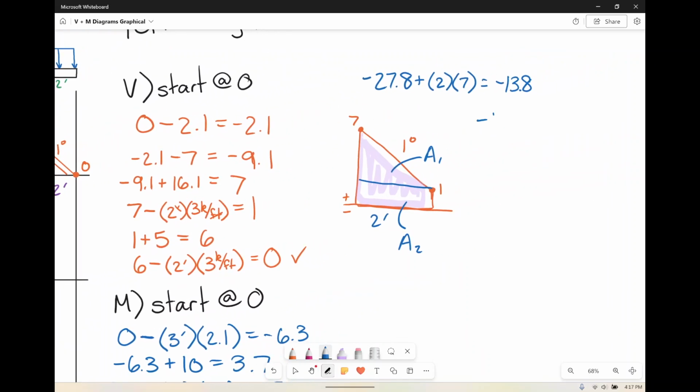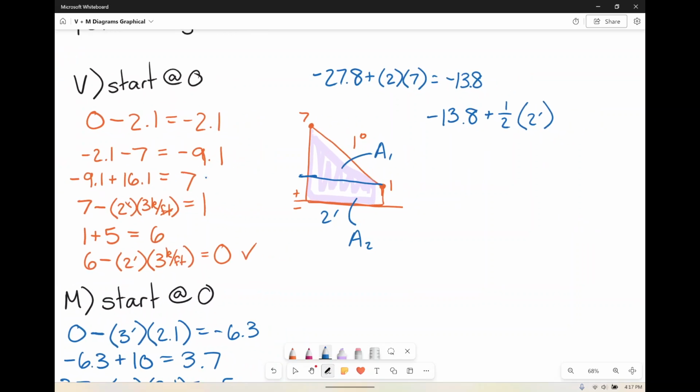So we're at minus 13.8. This is all positive, so I'm going to start area 1. It's 1/2 the base of 2 feet. The total height, this is 1, so the total height of this triangle is 7 minus 1, which is 6.